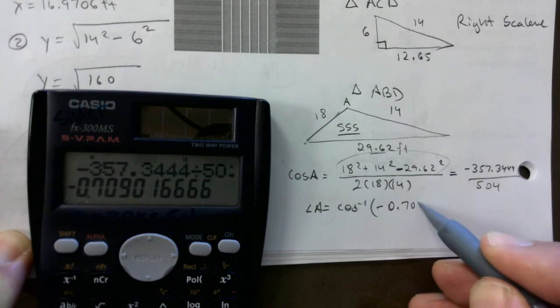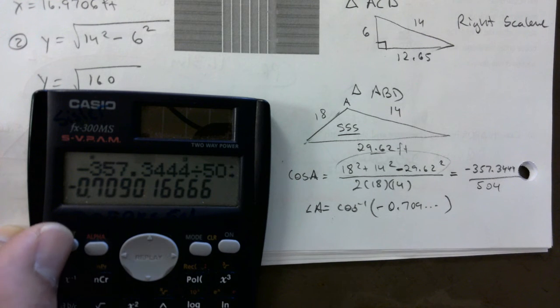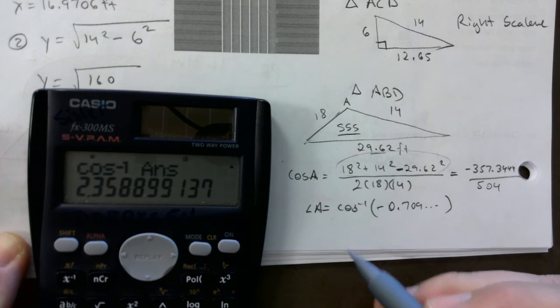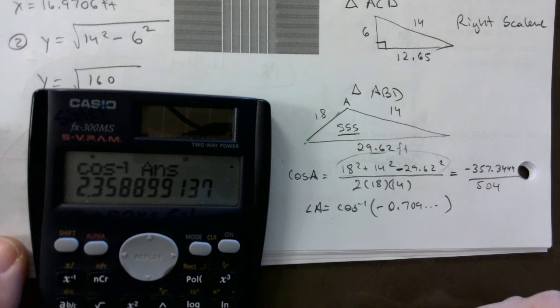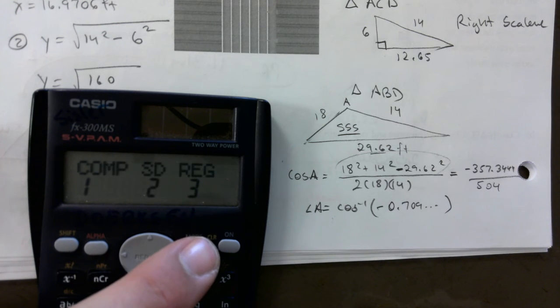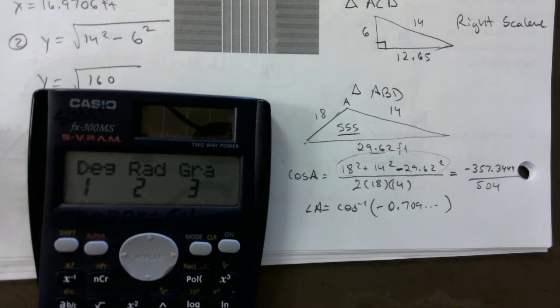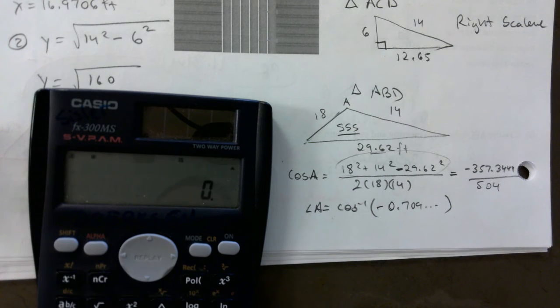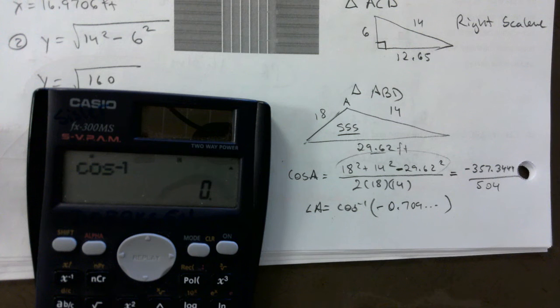Negative 0.709 dot dot dot. Take the inverse. Hold on. Sorry, mine is set to something else. Shift cos of negative 0.709.